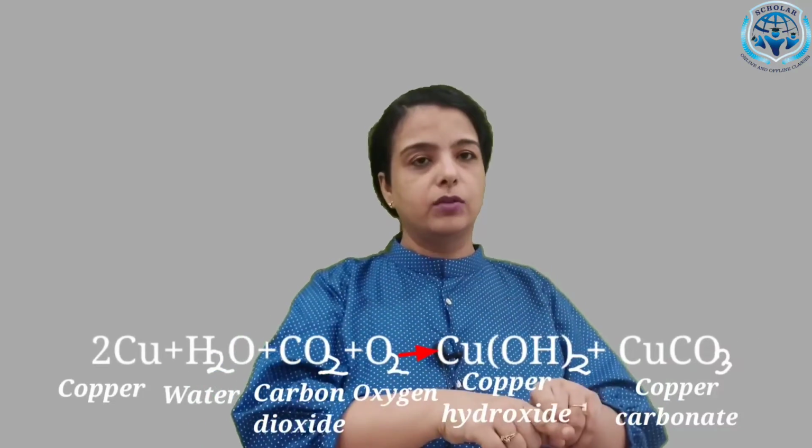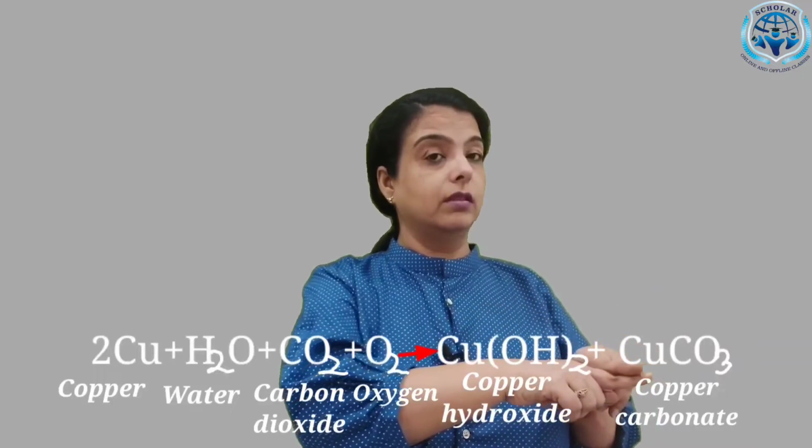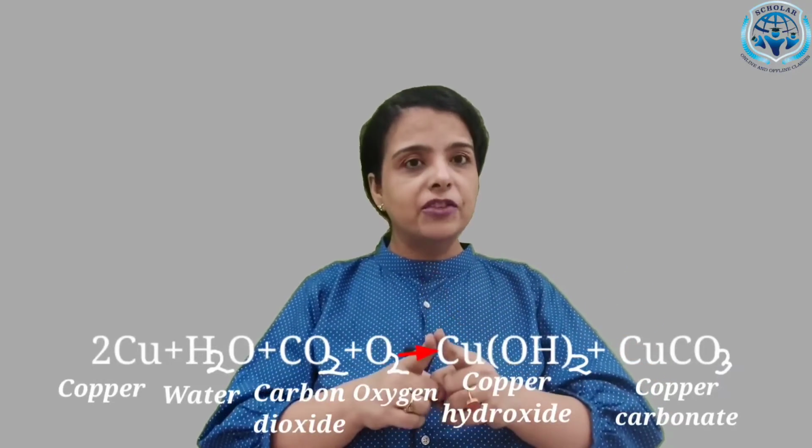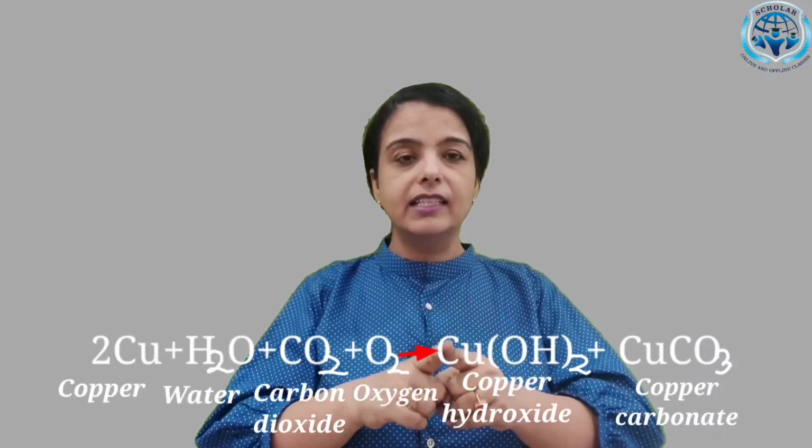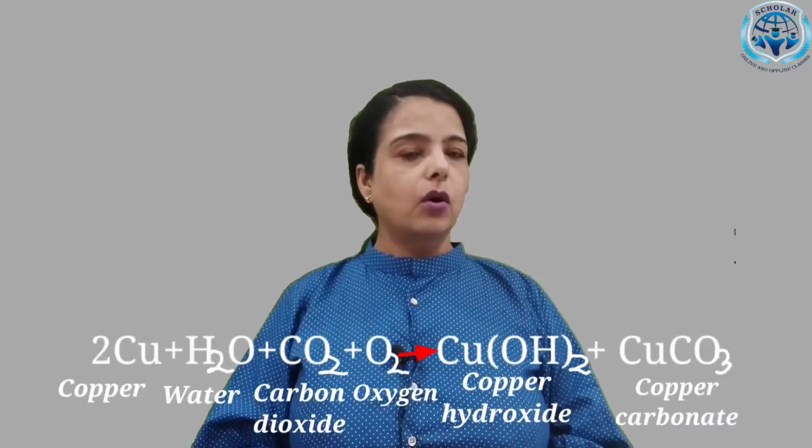So when metals react with oxygen, copper is also a metal, it also reacts with oxygen and with carbon dioxide present in air. So what happens? Copper reacts with oxygen and carbon dioxide in the presence of water to form a mixture of copper hydroxide and copper carbonate. It is called basic copper carbonate due to the presence of the OH group. You know that the presence of the OH group indicates a base.